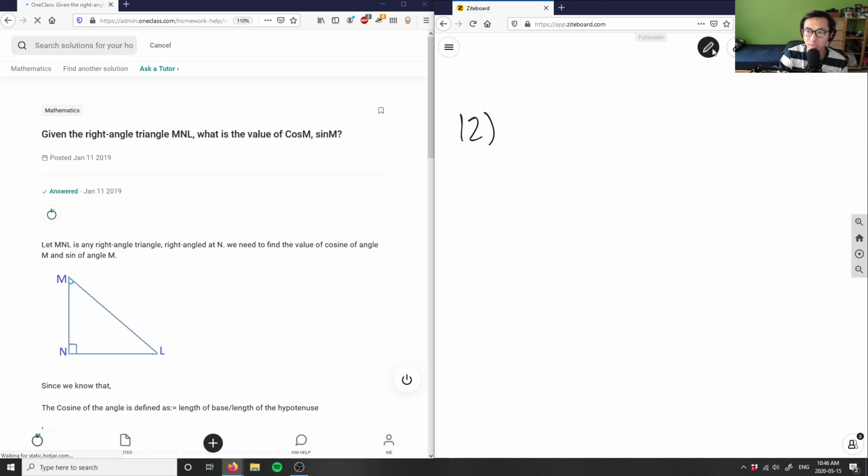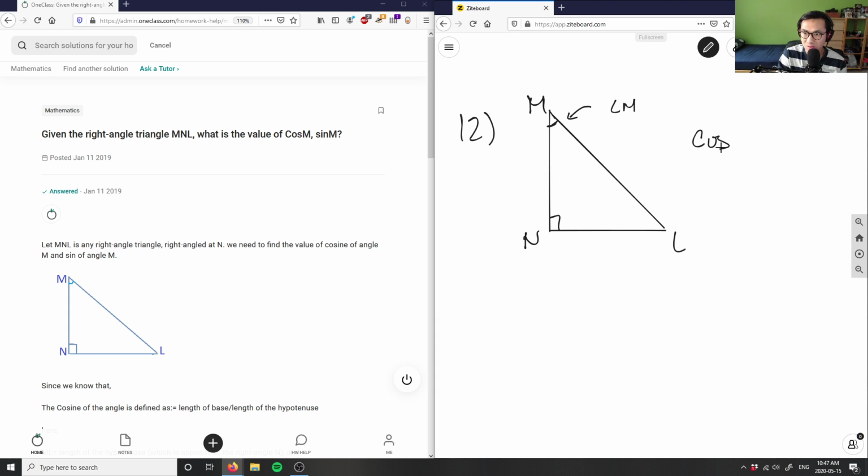So I have this right triangle, M, N, and L, and I'm asked for the value of cos M and sine M, and this angle here is angle M, right? So I want the value of cos M, and I want sine M as well.